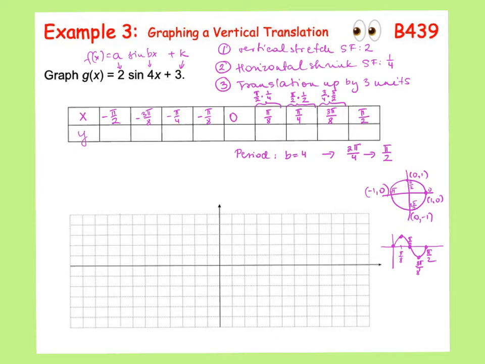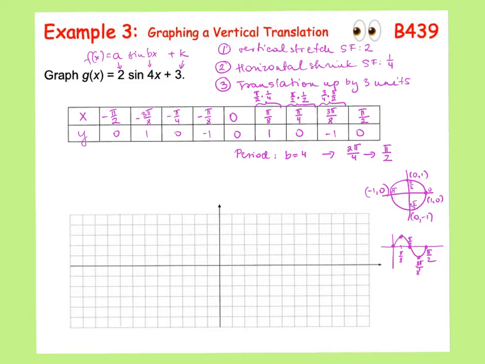So we are going to have to figure out our y coordinates. These will be for the parent function, which already has its horizontal shrink on it. So this is going to be 0, 1, 0, negative 1, 0. And here, if I'm going backwards, I'm going to get negative 1, 0, 1, 0. So let's go ahead and graph this.